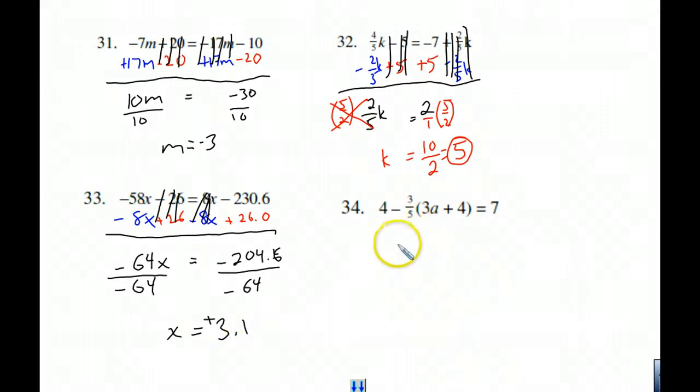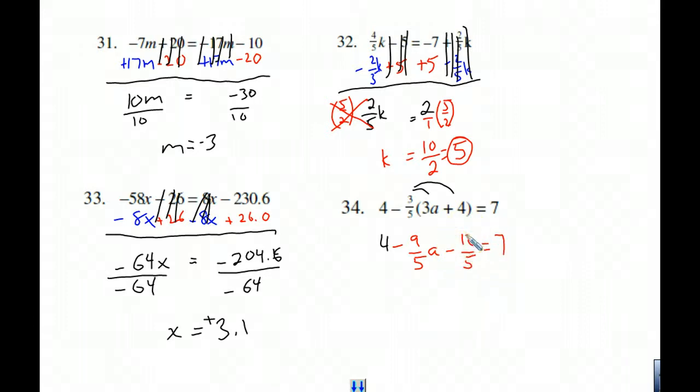Alright, here we go. Let's do number 34. Gotta do a little distributive property first. So 4 minus 3 times 3 over 5 would be 9/5a. And 3 times 4 over 5 would be minus 12/5 equals 7.